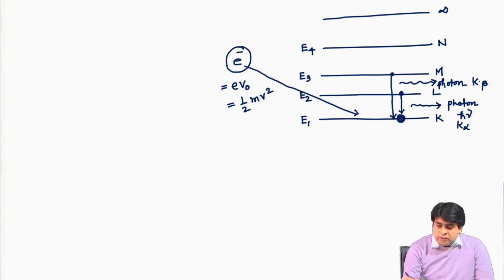In the first two cases, your electron is moving from the L and M shell to the K shell, so we always have a K alpha or K beta.